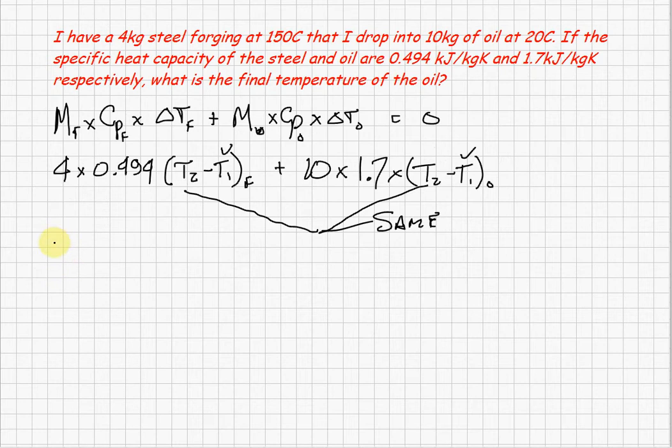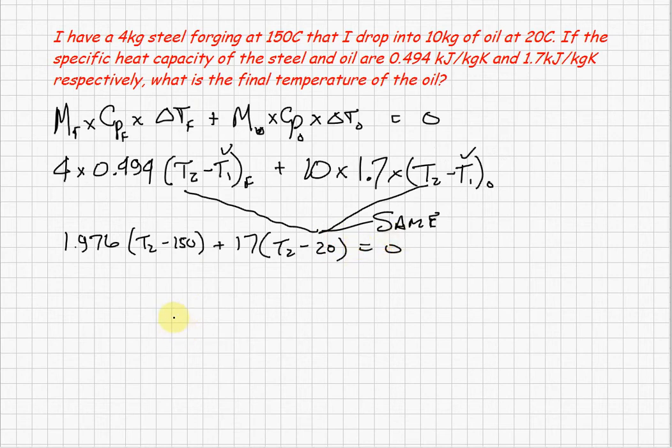So let's fill in those temperatures now. So that becomes 1.976 times T2 minus 150, plus 17 times T2 minus, we started out at 20, equals 0.